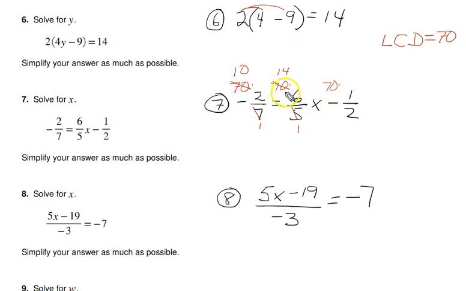5 times 10 is 50, and 4 times 5 is 20. Okay, that's better. And 2 goes into there once. 2 goes into there 35 times. So I now have a new equation. Negative 2 times 10 is a negative 20 equals 6 times 14.